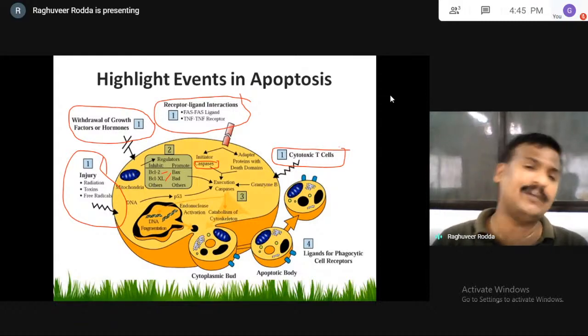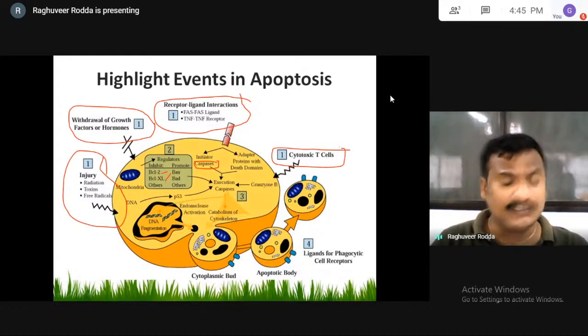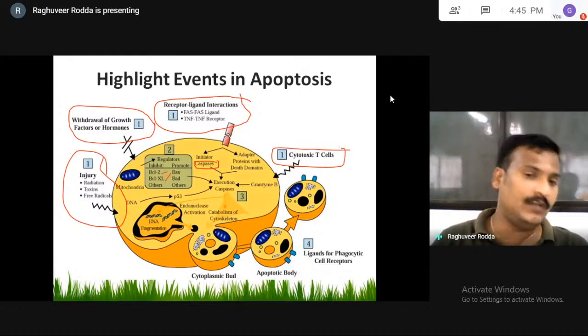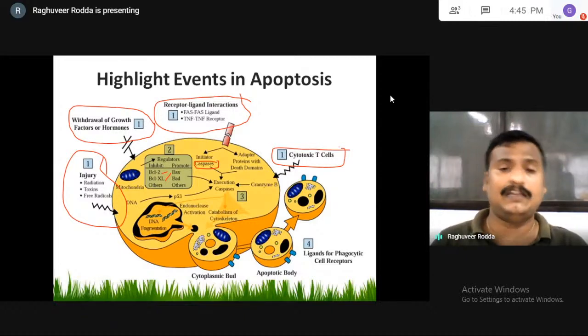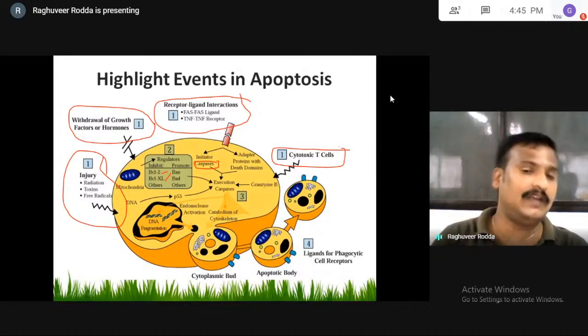All these protein-digesting enzymatic substances will be produced into the cell, and that will cause fragmentation of DNA, digestion of the chromatin, and digestion of the ribosomes.